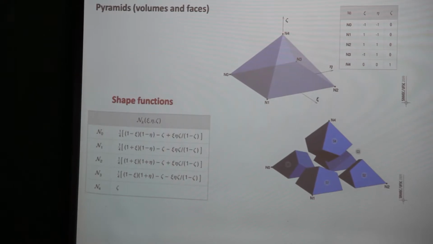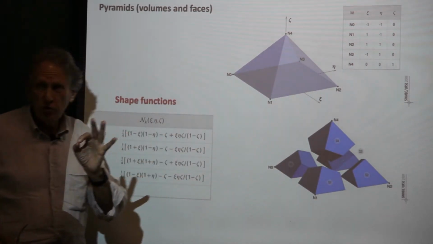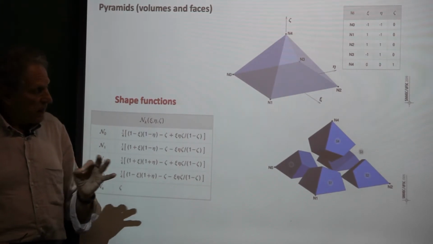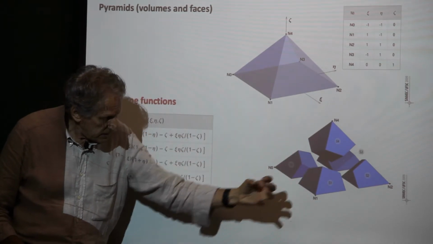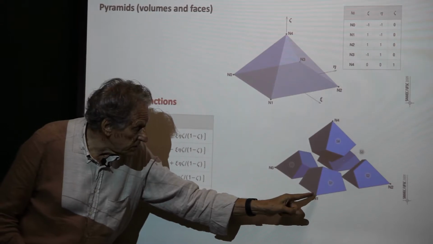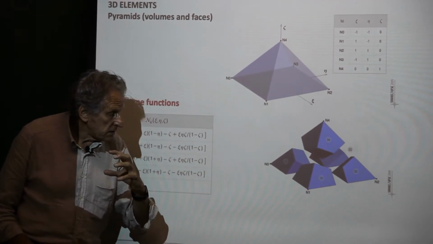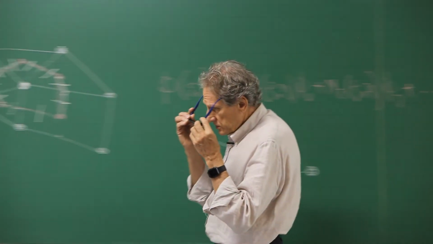So you have 5 sub-control volumes: 1, 2, 3, 4, 5. So every part of this element will take part in the balance for the node which is here. The other elements contribute to the other parts. Here is the shape function. Here the shape function.